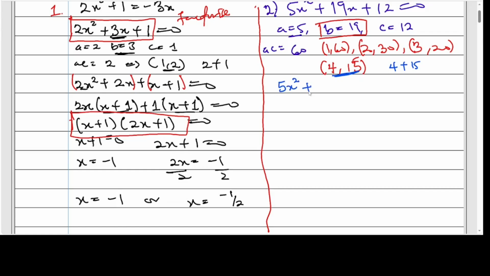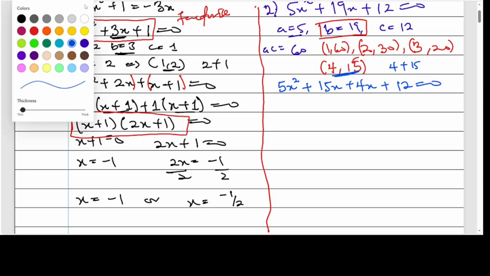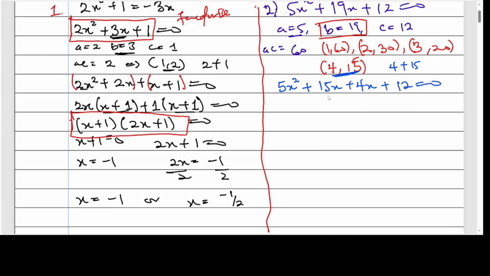5x squared, and when we get to the 19x, we write it as 4x plus 15x or 15x plus 4x, plus 12 is equal to 0. Now next we pair the terms. So the first two terms paired, the second two terms paired.